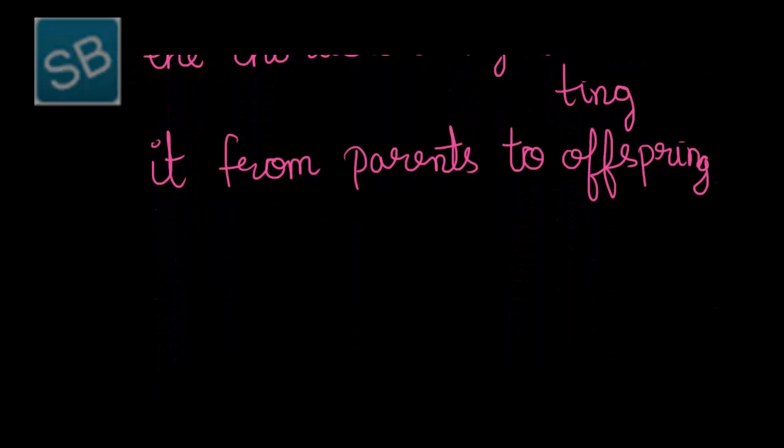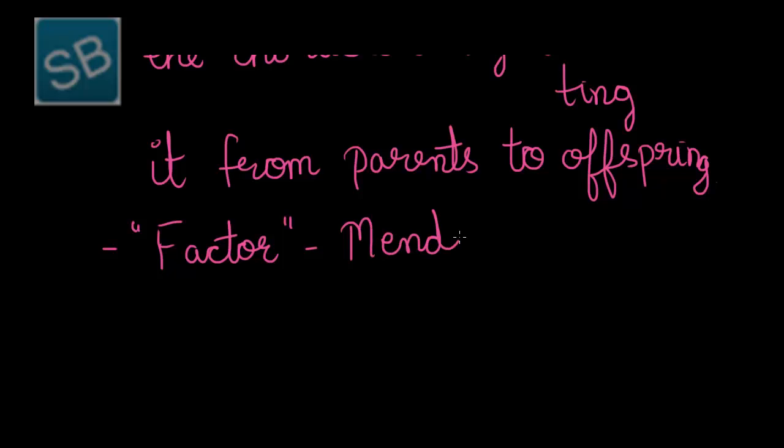As studied previously, according to Mendelian theory, gene was termed as factor. That is, before the term gene was used, it was depicted as factor by Mendelian theory, which was later called gene. Now, a gene consists of four main regions.